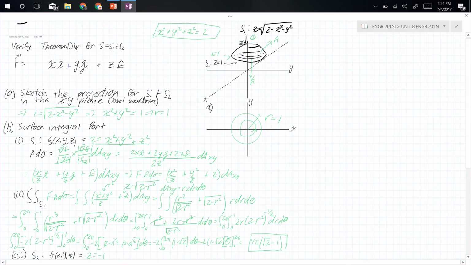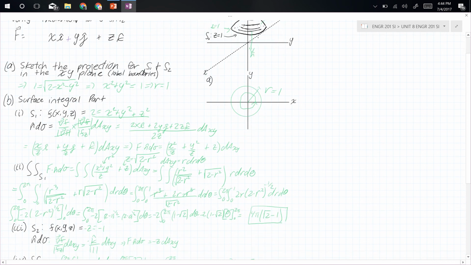So we could do spherical if you wanted to. I would not suggest it, but you could. I would suggest doing cylindrical. The reason why I say that is because we can solve this pretty easily in terms of z, r, and theta. It's not hard to have things in terms of z, in terms of r, and there's nothing to account for in theta.